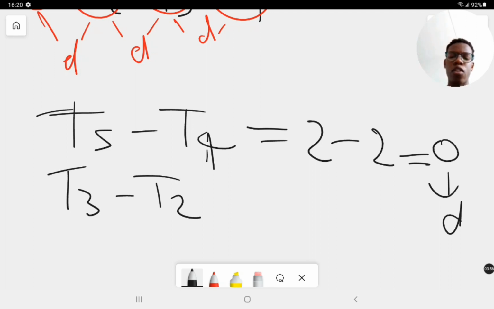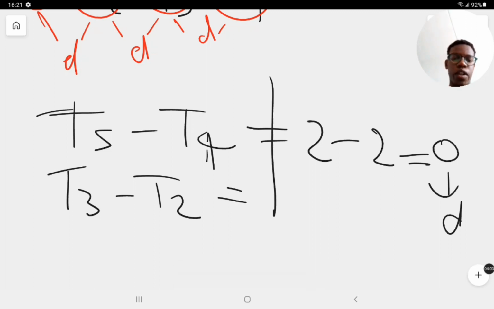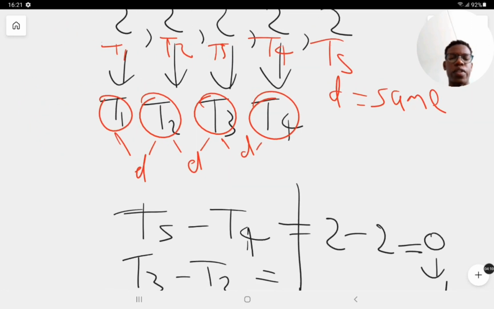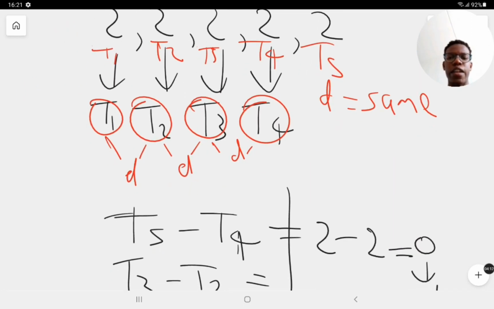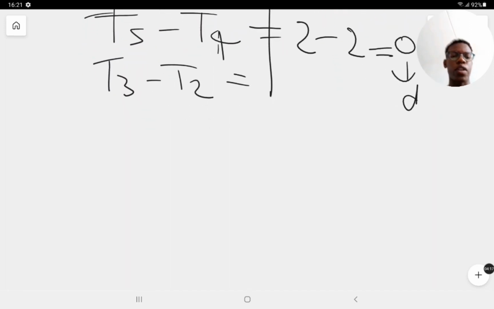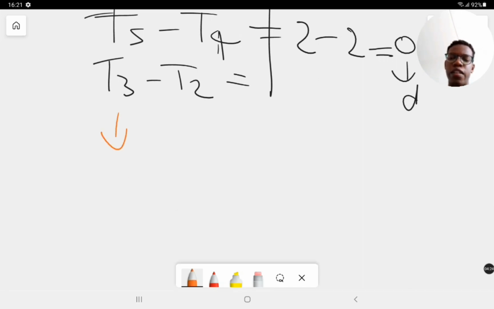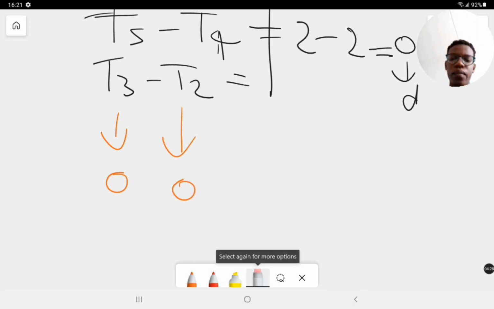Okay, what is T3 minus T2? Remember, it has to be the term minus the term before it. If you scroll up here, you will see that T3 is equal to 2, and T2 is equal to 2. So all of these terms are 2's. That's just what I wanted to show you.